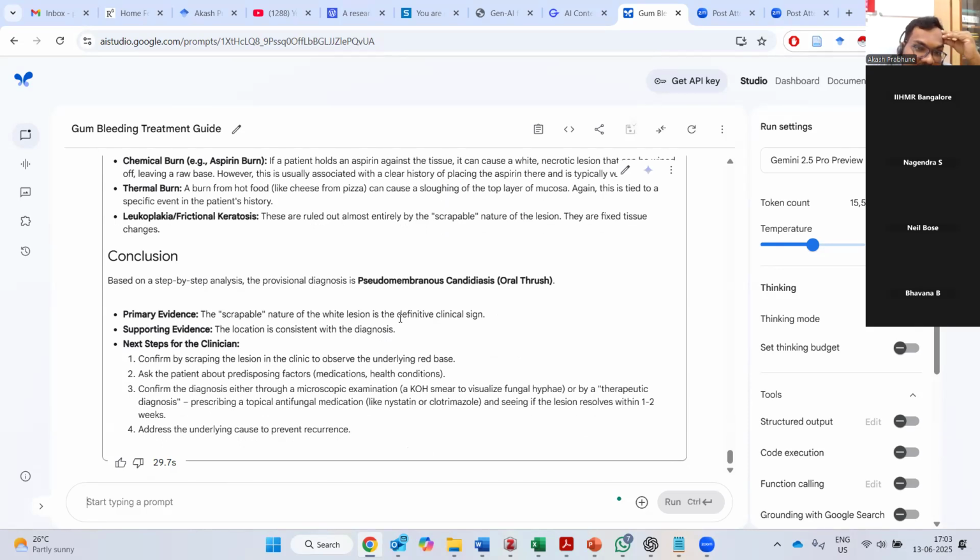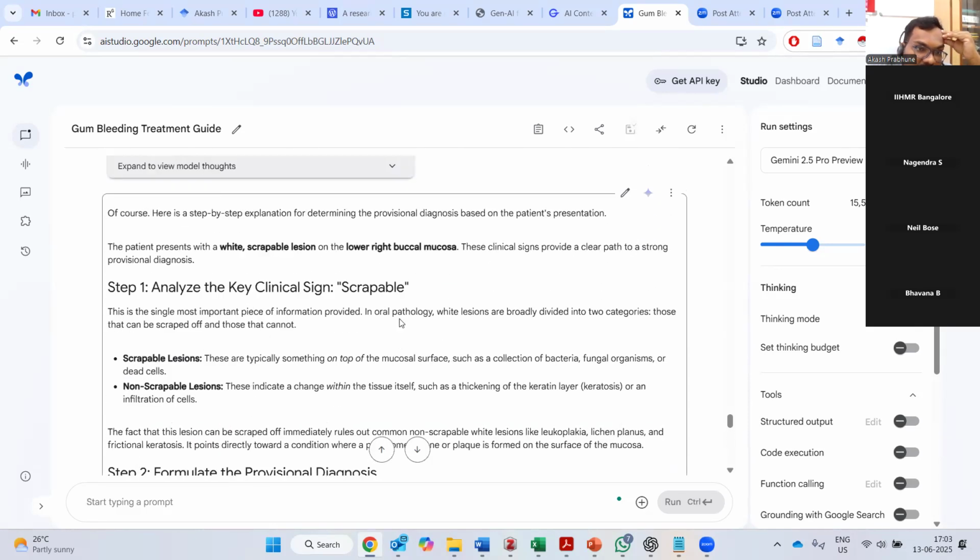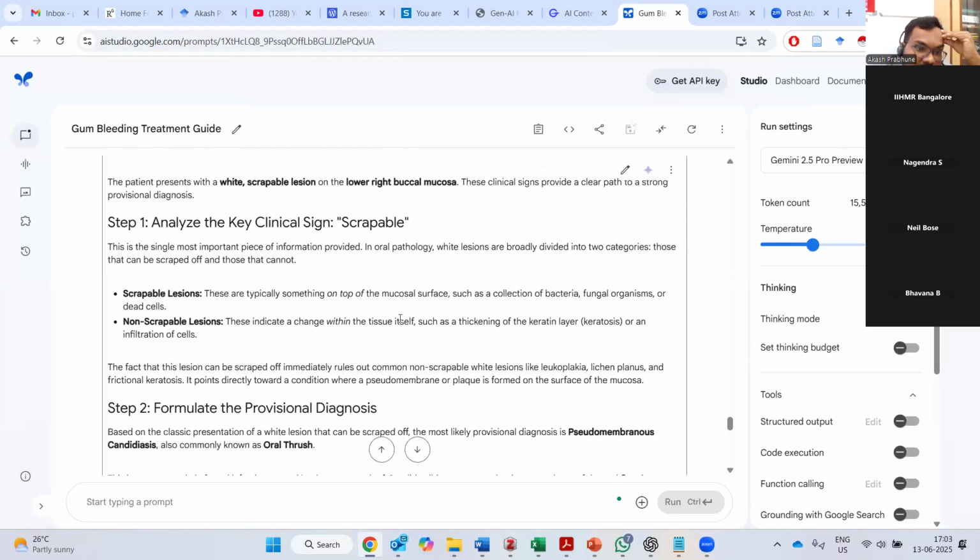Well, it fits, but I think the main thing it has missed here is where the lesion has erupted.